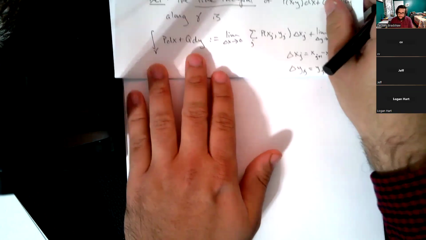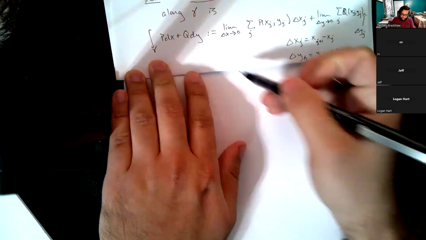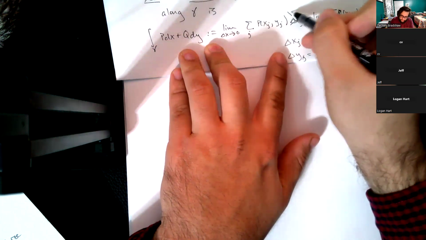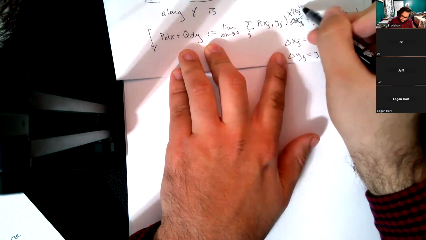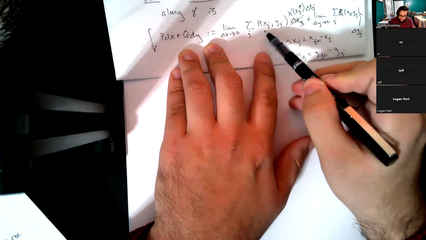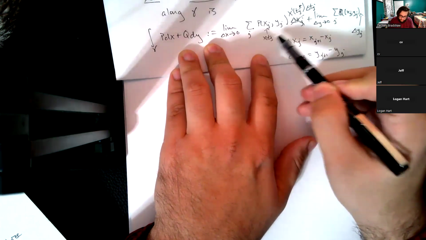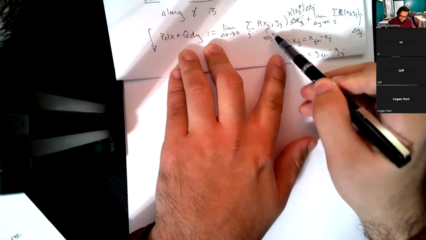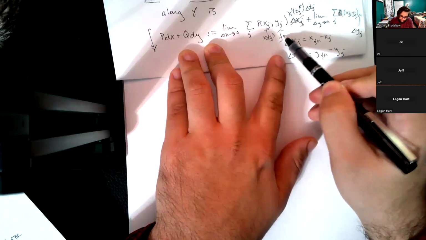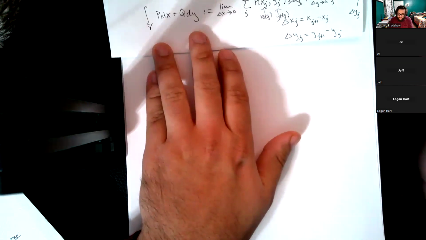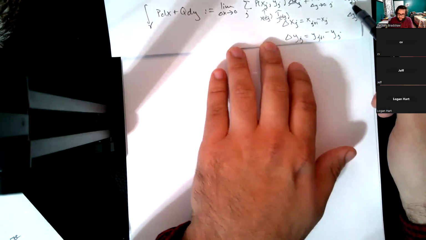And the same thing goes for y. So what we have here is a limit of, well, this is now x prime tj star delta tj, and this is of course x of tj, and the same thing for y over here.